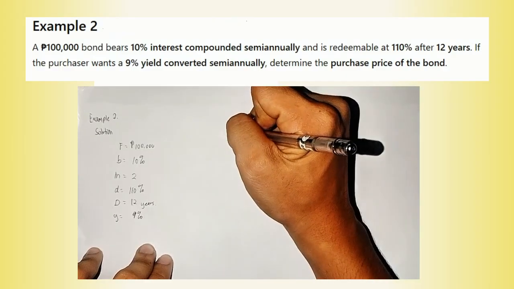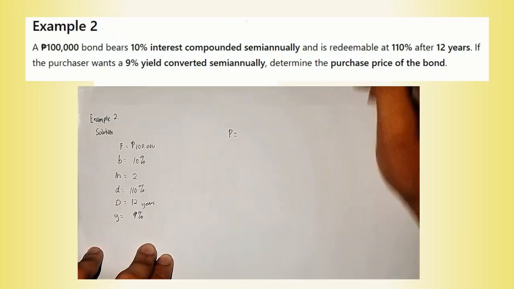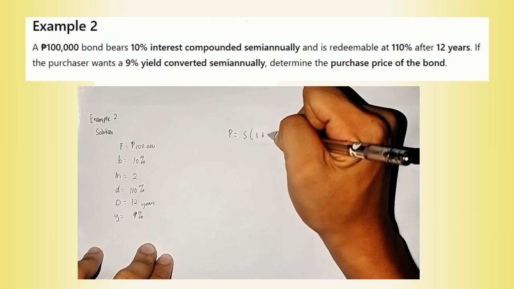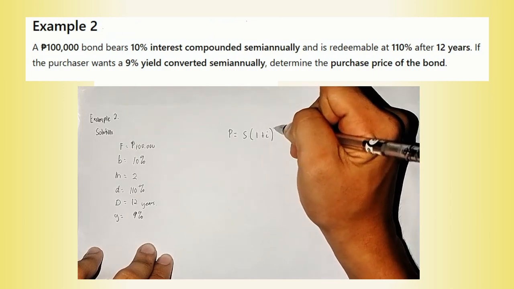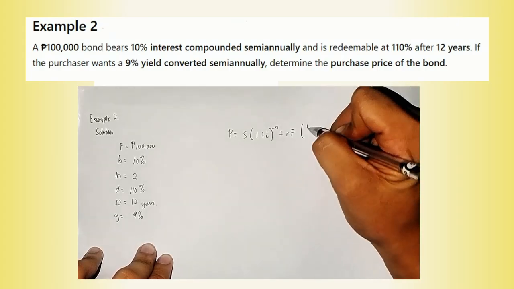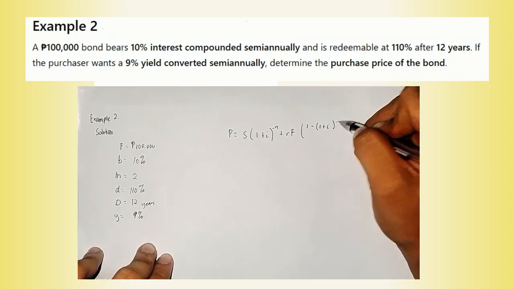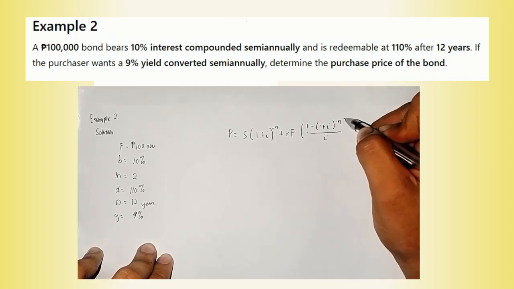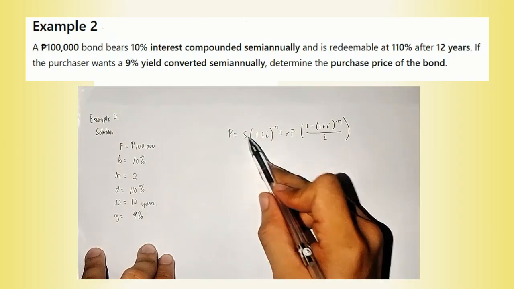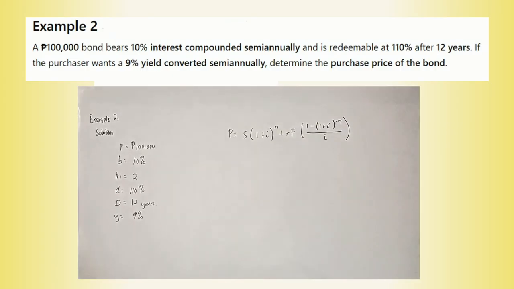Again, to find the purchase price, we have P equal to S times (1 plus I) to the power of negative n, plus R times F times (1 minus (1 plus I) to the power of negative n) over I. Now, since we have S, I, and R, let's find these values.